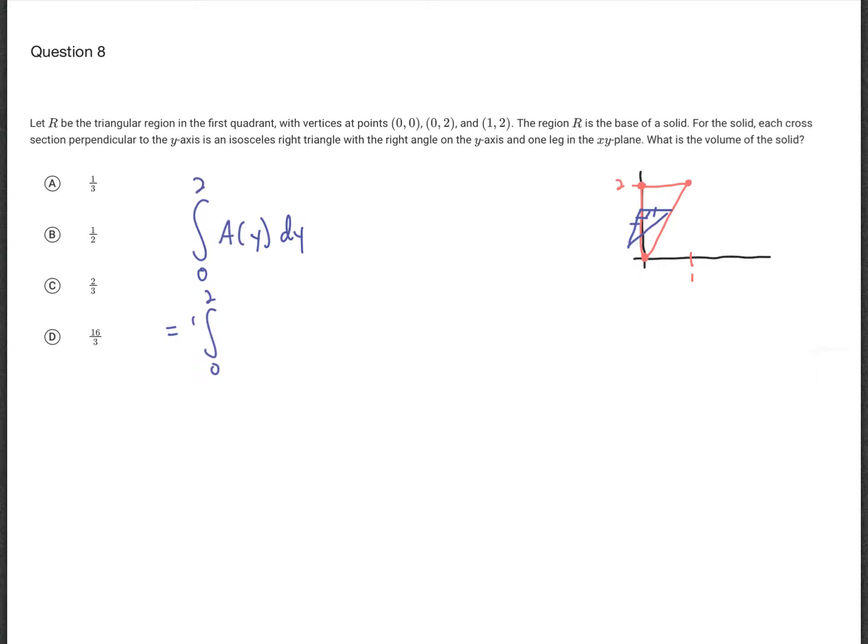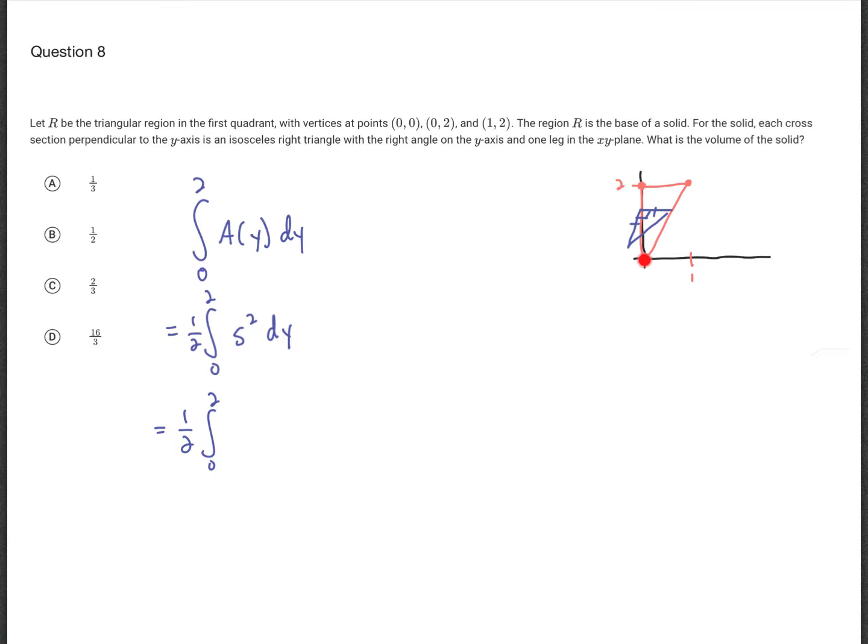So it's really 1/2 s squared. So this is one of the side lengths, and this distance is whatever this function is, as long as this function is x equals something in terms of y. So now we have to get what this function is.